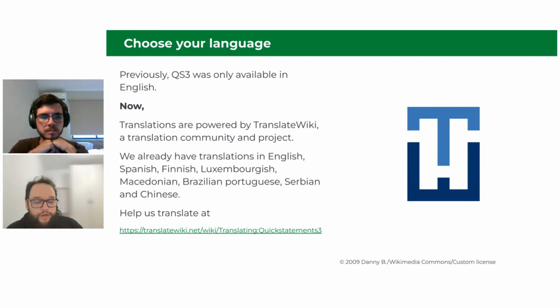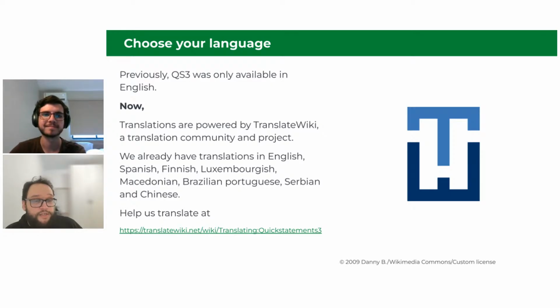It's dealt with using Translatewiki. All the strings that appear in QuickStatements are now already on Translatewiki for the community to translate if they want, and we encourage everyone watching and that knows about our projects to go there and translate the strings for QuickStatements into your language.